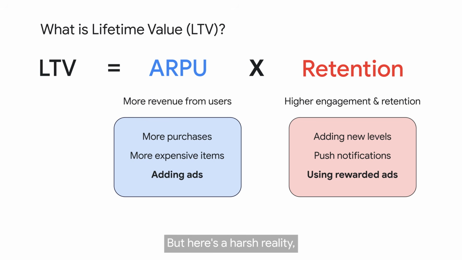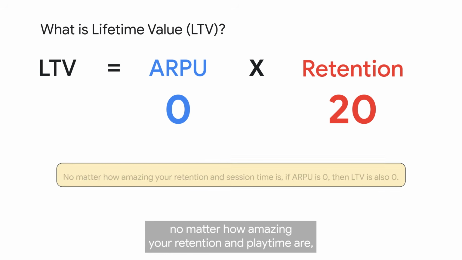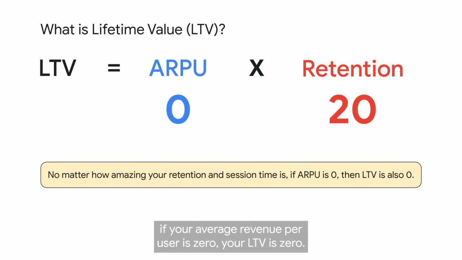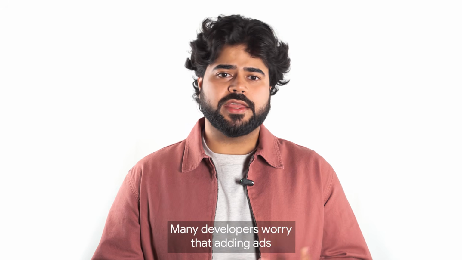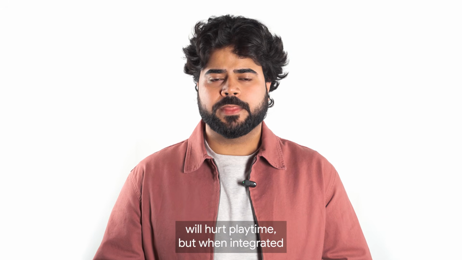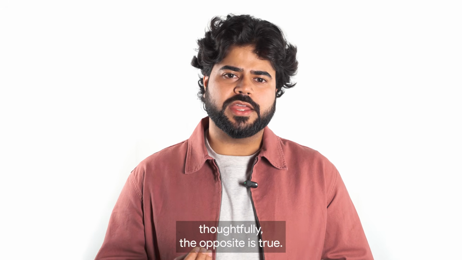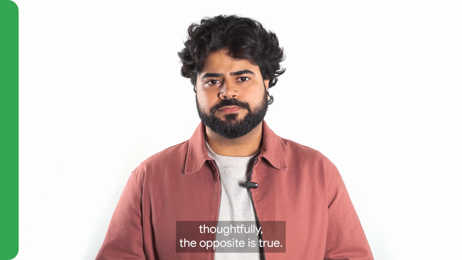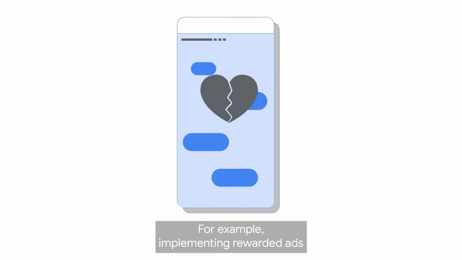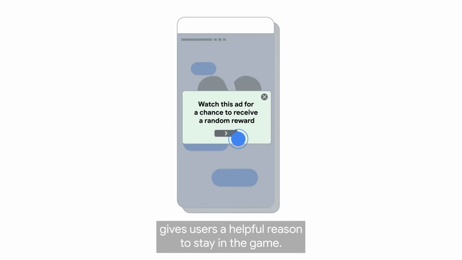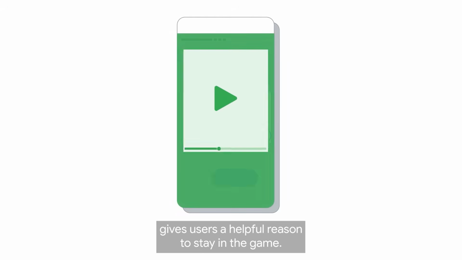But here's the harsh reality. No matter how amazing your retention and playtime are, if your average revenue per user is zero, your LTV is zero. Many developers worry that adding ads will hurt playtime. But when integrated thoughtfully, the opposite is true. For example, implementing rewarded ads gives users a helpful reason to stay in the game.